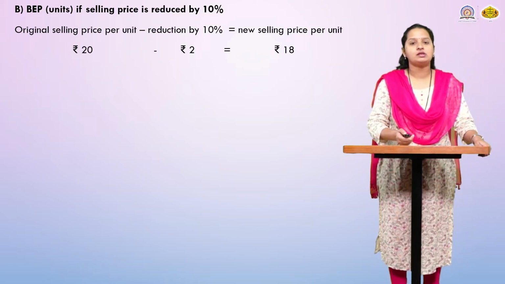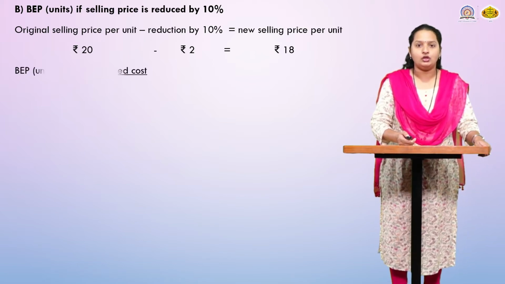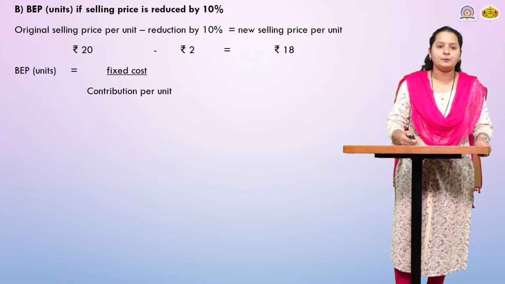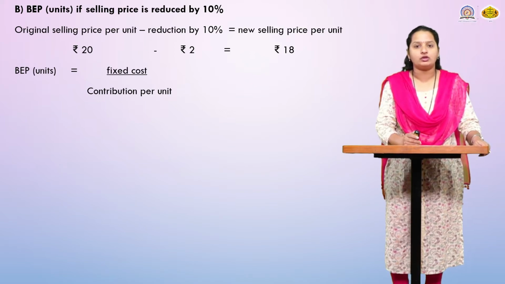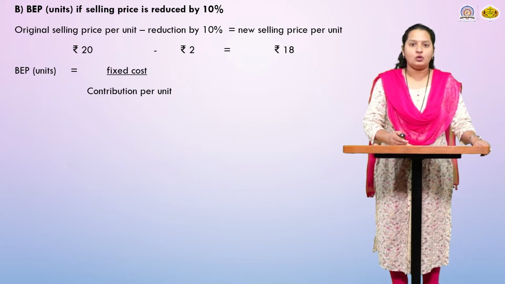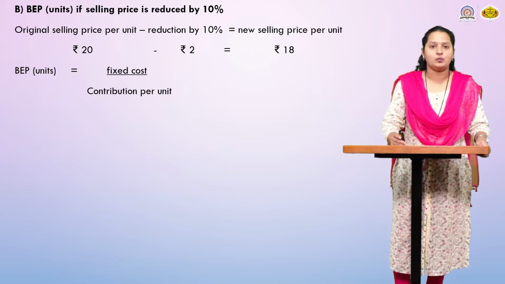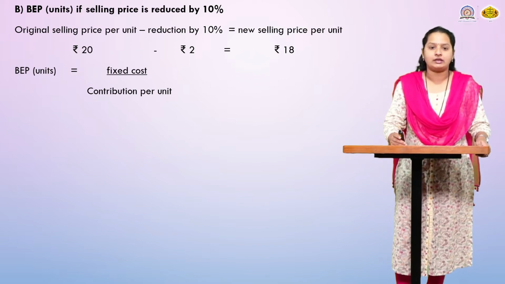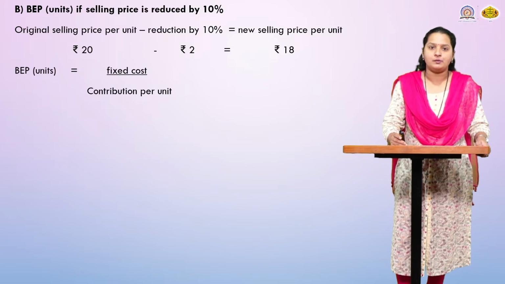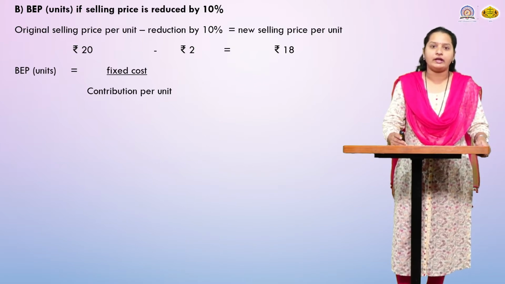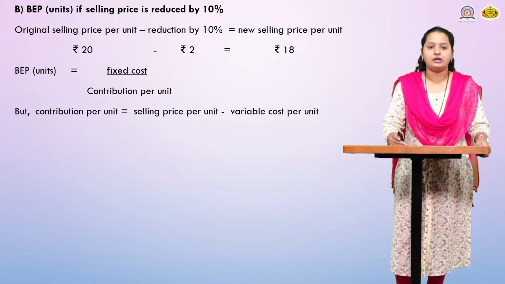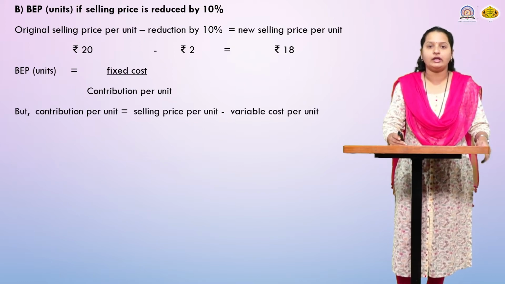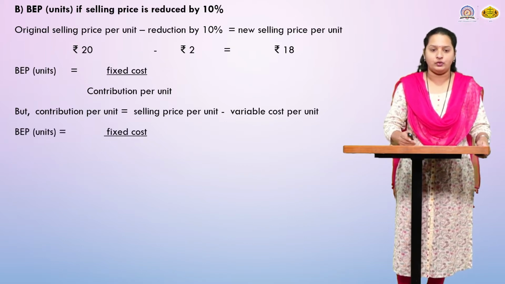Again we will use this new selling price to calculate BEP in units. Again the same formula: BEP in units is equal to fixed cost upon contribution per unit. We again have the fixed cost of rupees 1 lakh, and the latest calculated selling price per unit, and with the help of that we can calculate the new contribution. So the contribution per unit is equal to the newly calculated selling price per unit minus variable cost per unit.